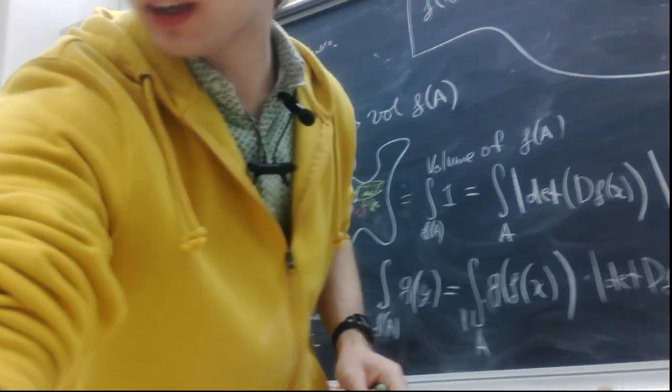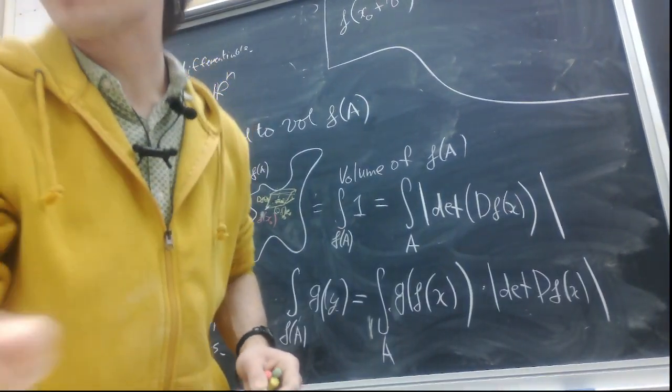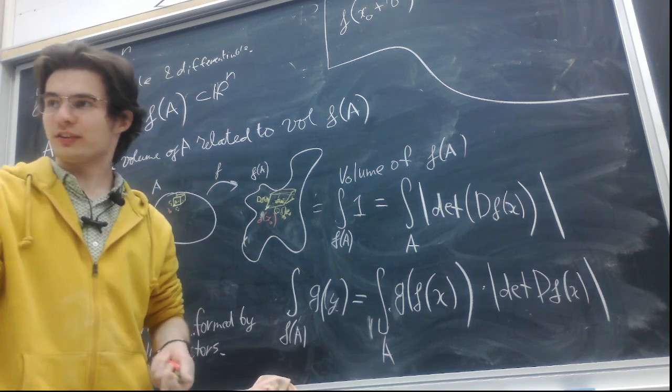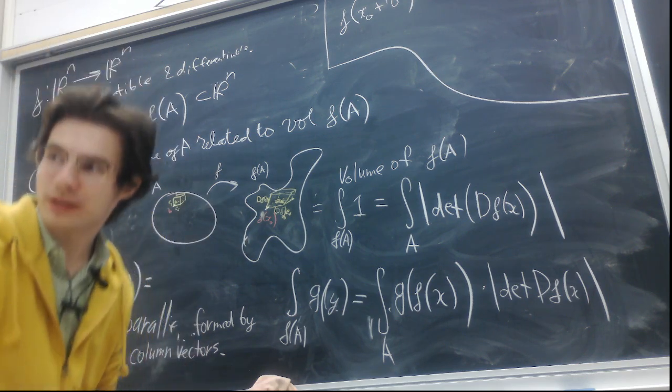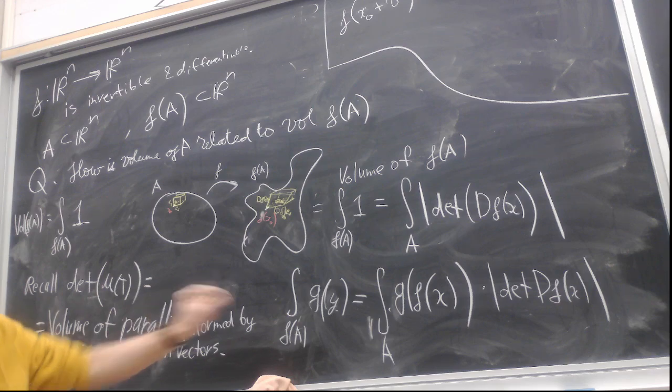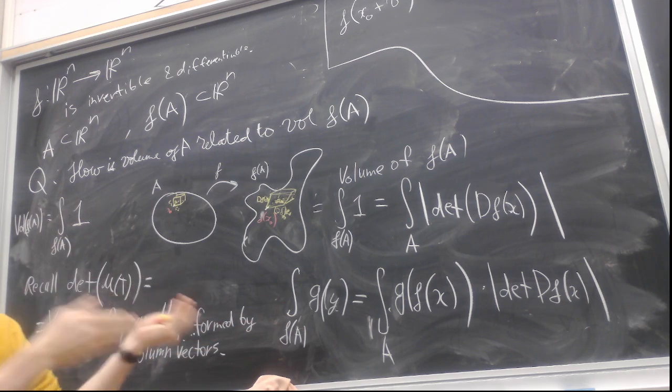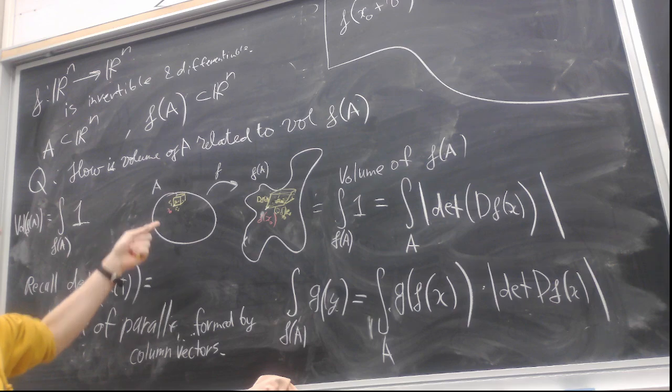I'm not proving it because that's like a 5-page proof, which was preceded by many pages of proofs. But intuitively, I want you to really see why this has to be the only thing that works from this diagram.